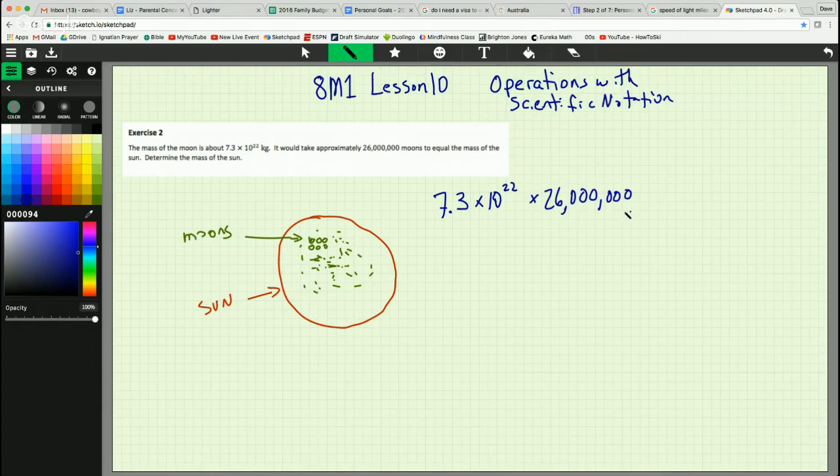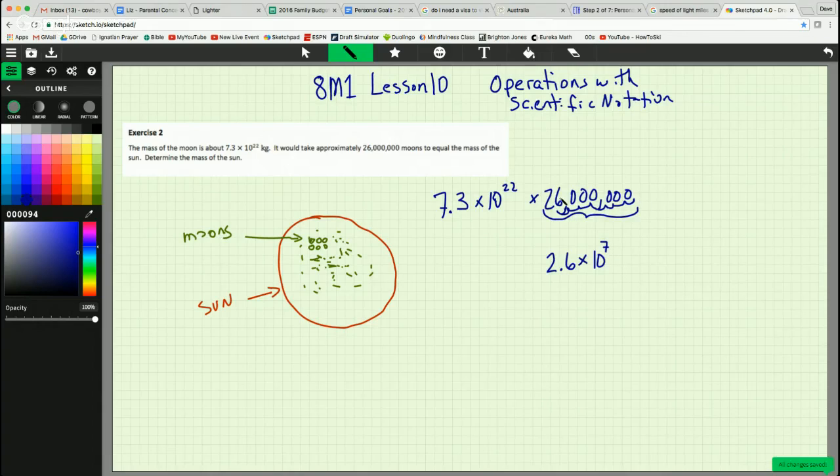So the way we're going to do this a little easier is we're going to use scientific notation. So we're going to convert this guy into scientific notation. Well, that's 2.6, I know, times 10 to the what? Well, we can use our rule here, 1, 2, 3, 4, 5, 6, 7, 10 to the 7th.